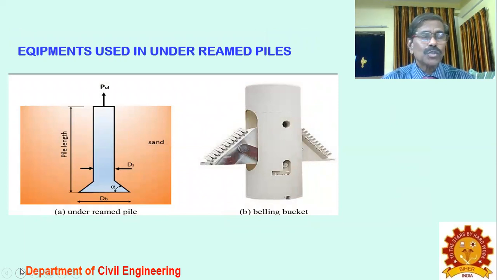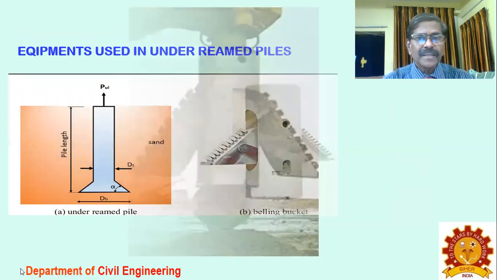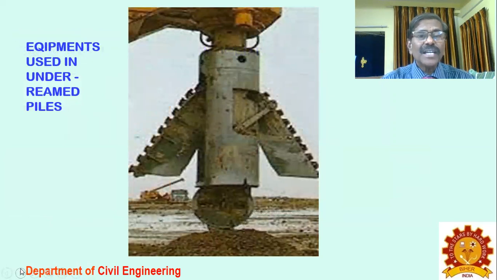Under-reamed belling buckets are available, and a lot of high torque equipment is also available. It is a very high torque equipment. It can go into weathered rock for scooping out and then making an under-reamed pile. So the equipment used for under-reamed piles will sometimes be very heavy duty machinery.